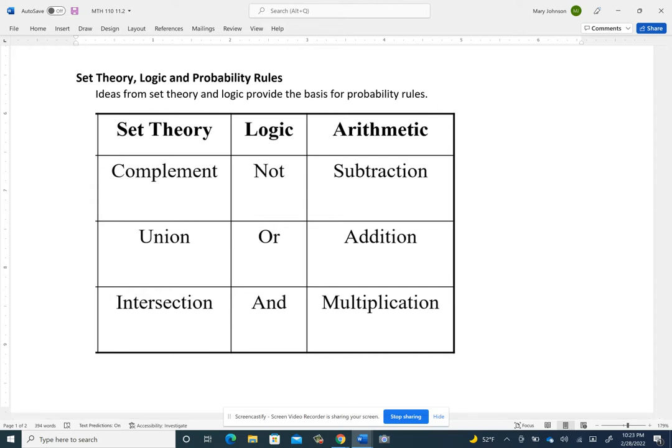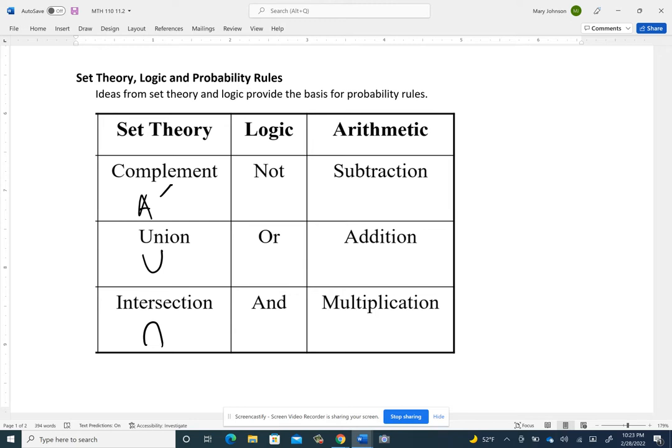So, in set theory, we use this symbol to represent a complement, the complement of a set. So like the complement of set A was A with a little apostrophe, right? And then union and intersection were the other symbols we had back then.